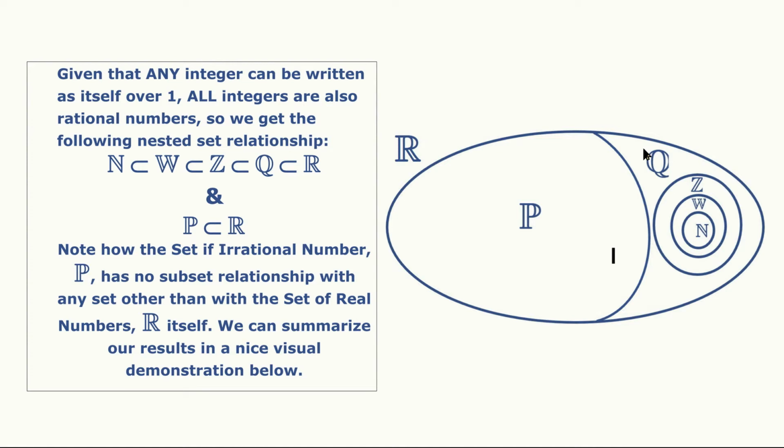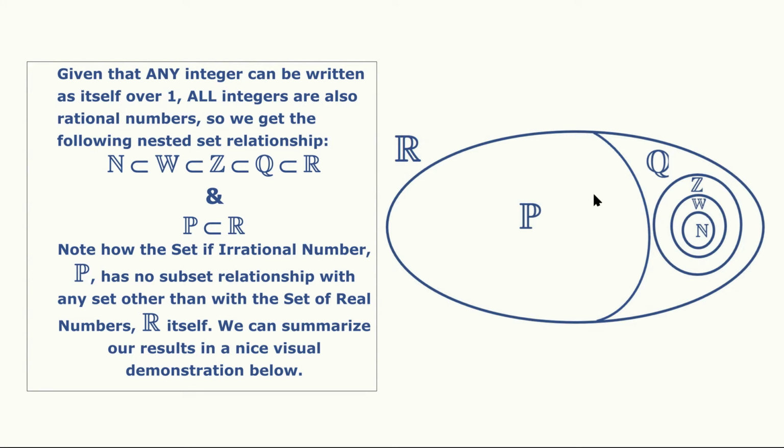But if we draw the scenario, we'll find that the set of irrational numbers has been depicted to take up such a bigger chunk of this overall set, which represents the set of real numbers. It's just a visualization, you understand, as opposed to all these other sets that are lumped together in a very small part of this large oval, which represents the set of real numbers. So why is that?